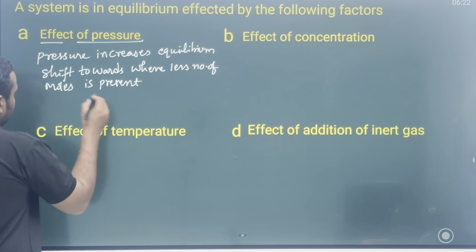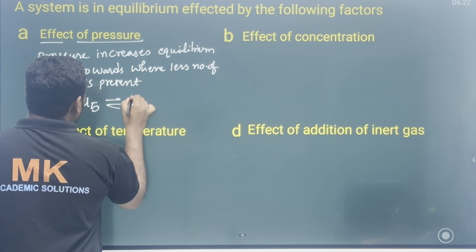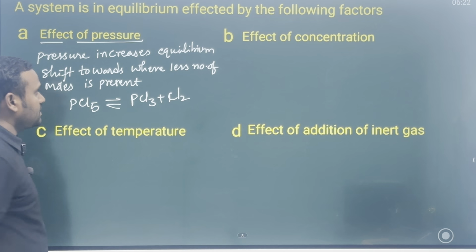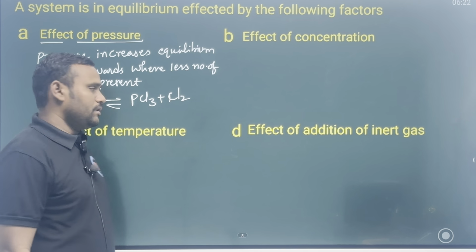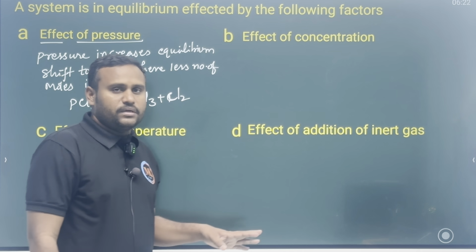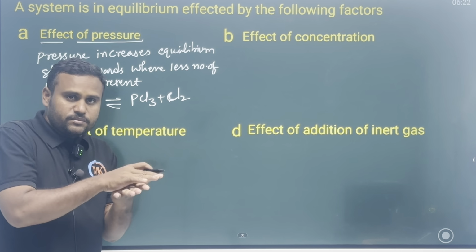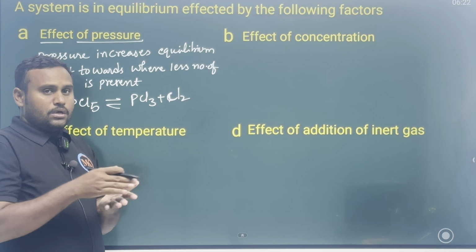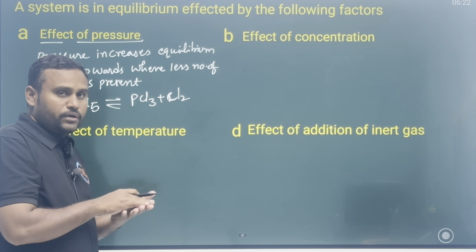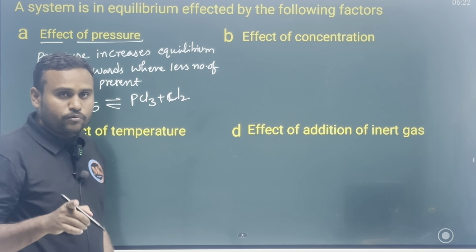For example, in this case PCl5 gives rise to PCl3 plus Cl2. You make this a generalization; no need to worry about the different cases. If pressure increases, volume is going to decrease, so to nullify that change the equilibrium shifts towards where fewer moles are present.